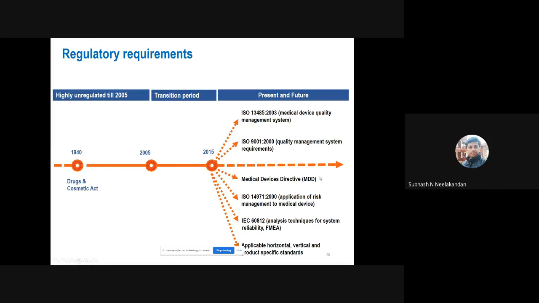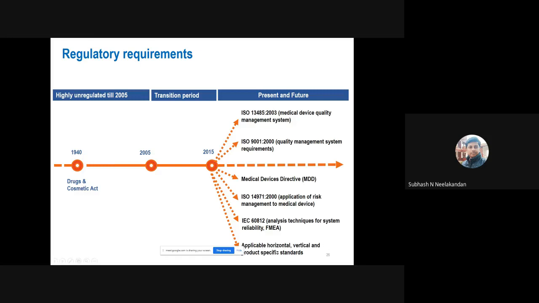Based on the current rule of the Indian Medical Device Directive, any medical device manufacturer who is developing a medical device, based on the criticality, safety, and risk of the device, needs to follow various standards for medical device quality management system, medical device risk management, medical device reliability, and any applicable horizontal or vertical standard corresponding to the product.